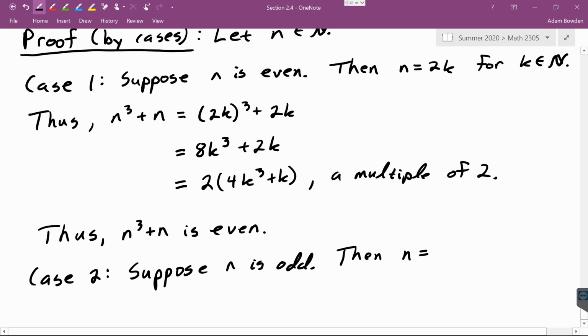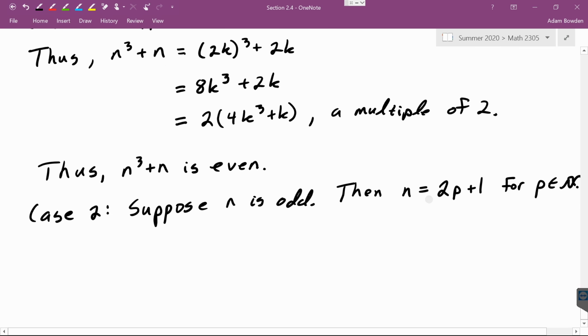Indeed, the general form of an odd number was 2k, or we'll use a different letter here, 2p plus 1 for p in the natural numbers. So if n looks like this, let's see what happens with n cubed plus n. Then n cubed plus n is equal to 2k plus 1 to the third plus 2k plus 1.